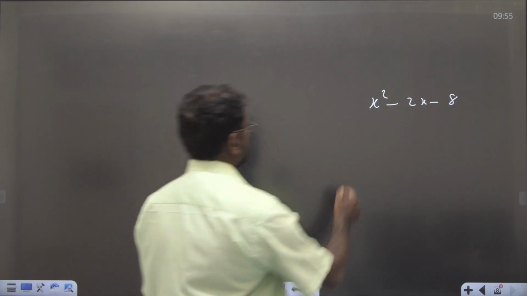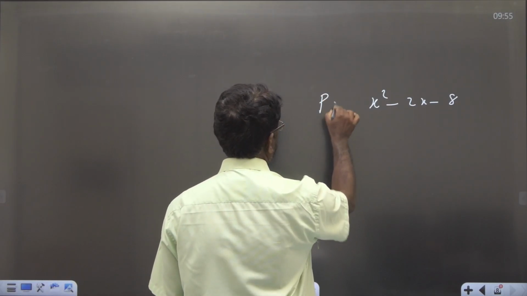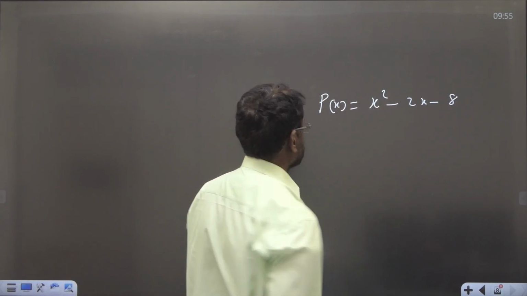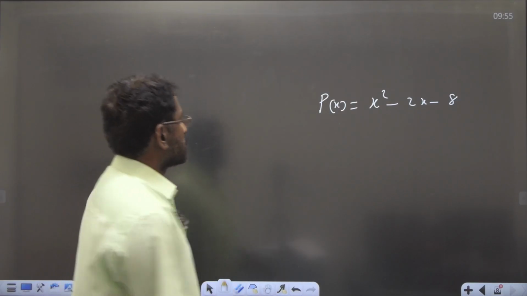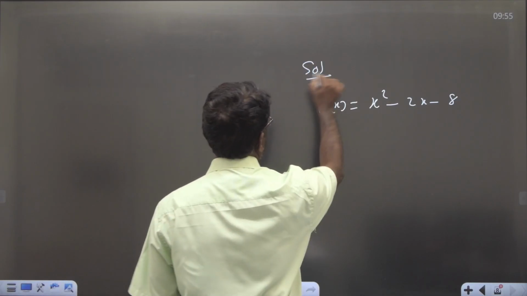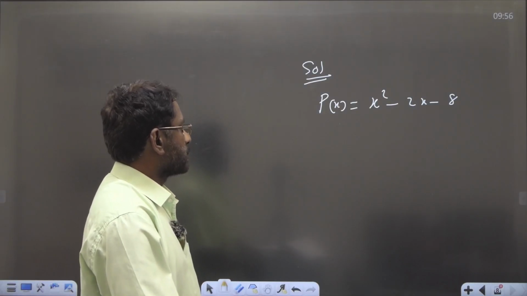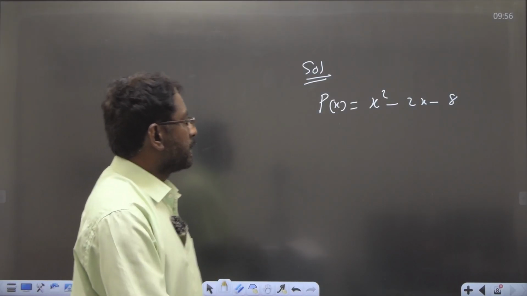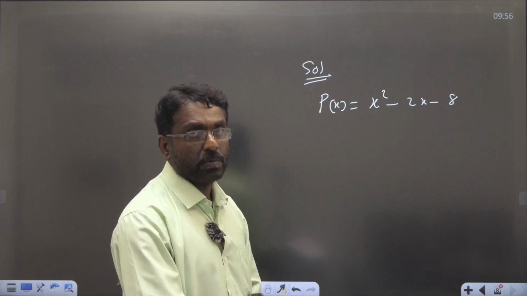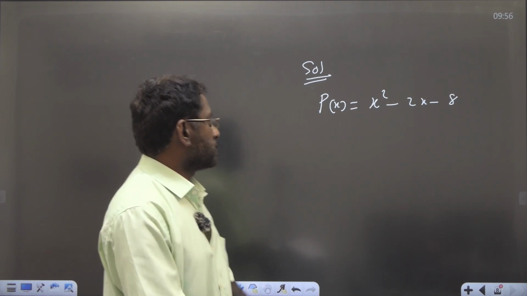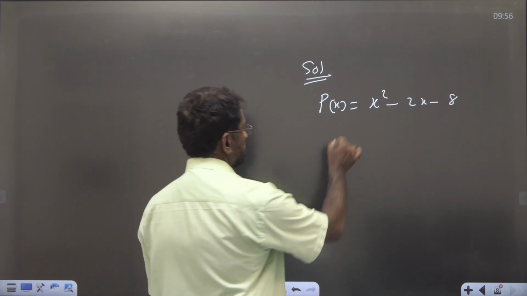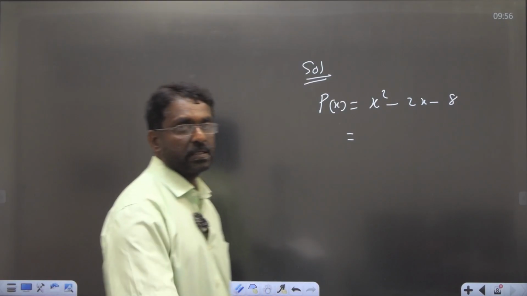First, take the given polynomial as p of x. This is the solution. Since it is a second degree polynomial, we can expect a maximum of 2 zeros. So factorize this. How can we factorize this?